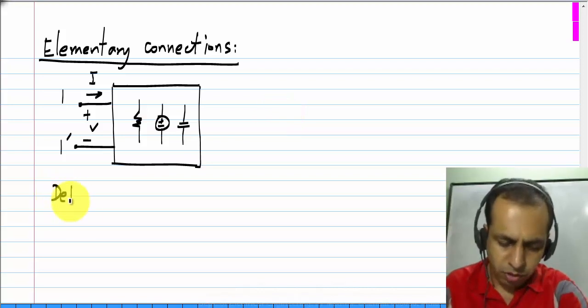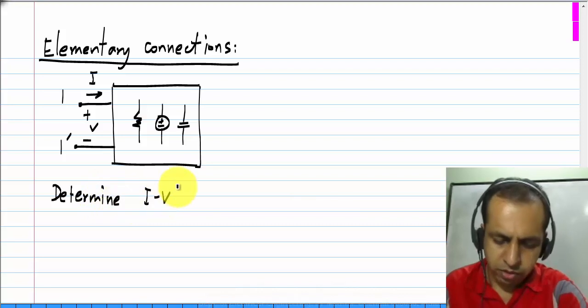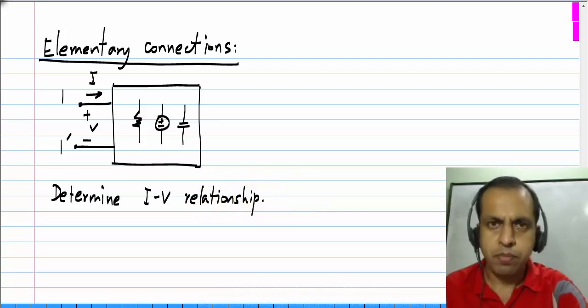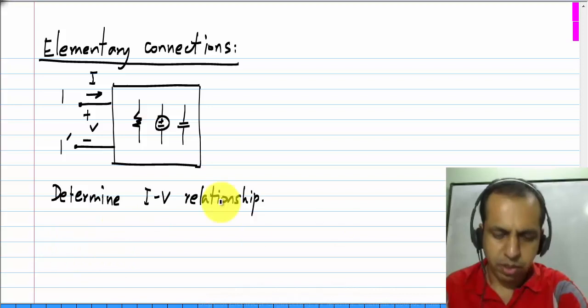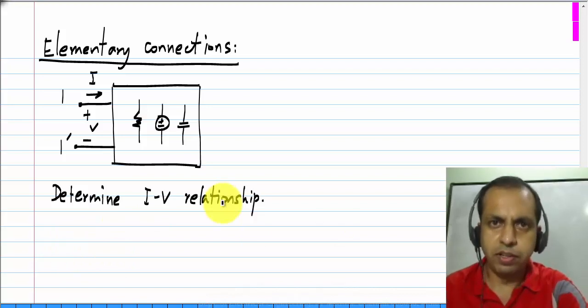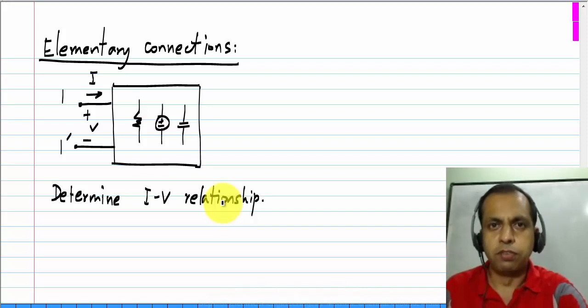So, we need to determine the IV relationship, and this could be either by algebra or graphically. They are just equivalent descriptions of the same thing.